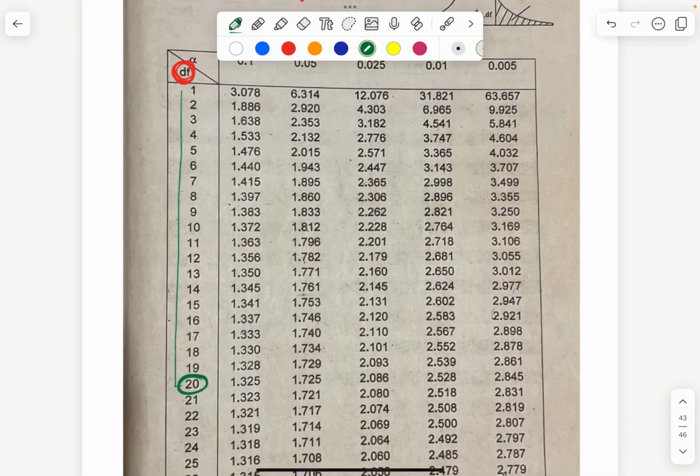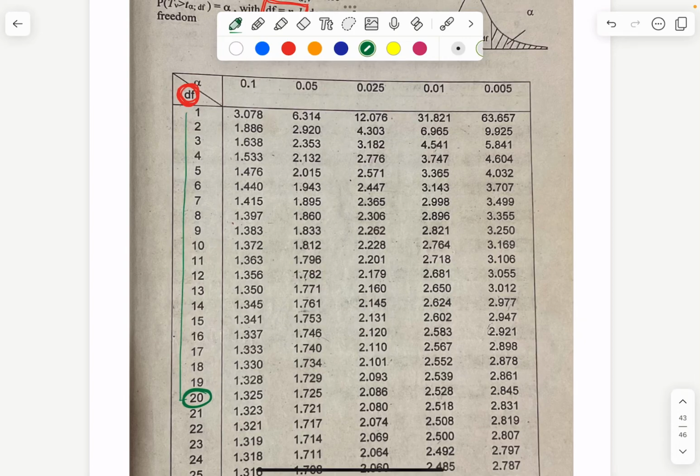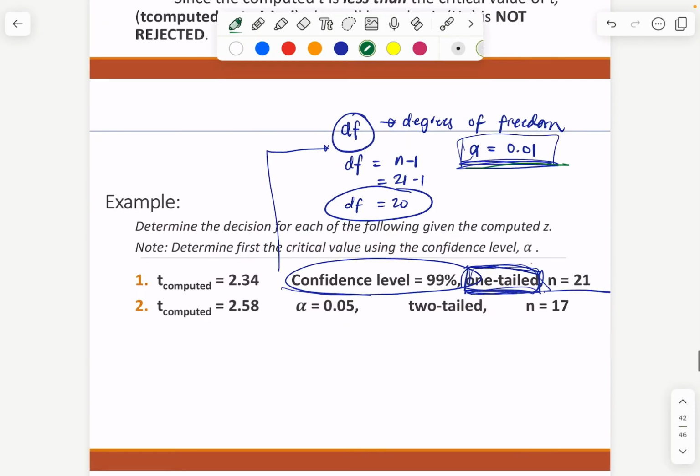From 20, just move to the right until 0.01. From 0.01 at the top, go down to 20. Whatever is there, that will be your T-critical. So what we have here is 2.528. So 2.528 is our T-critical.